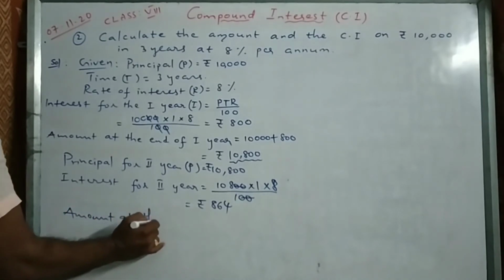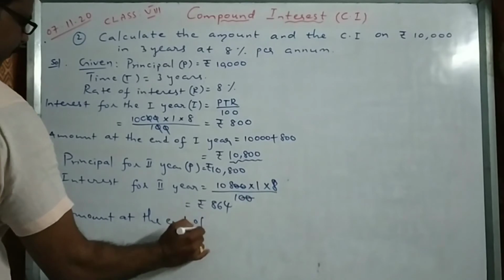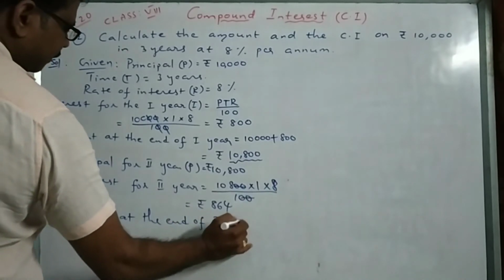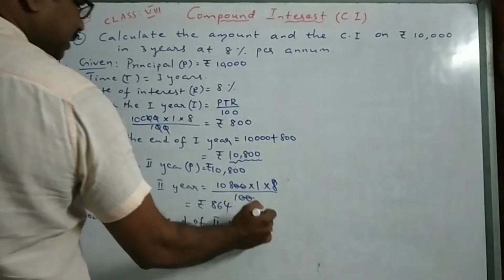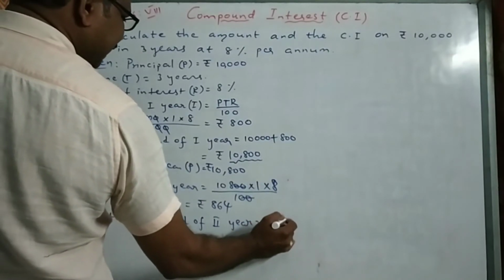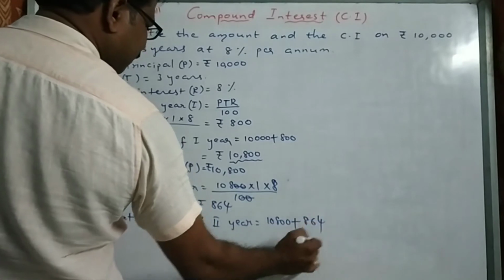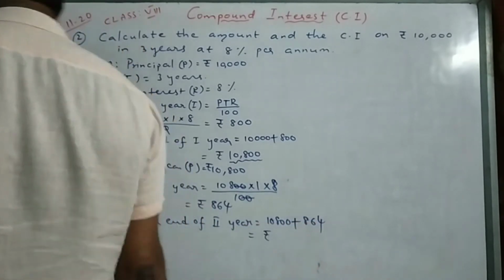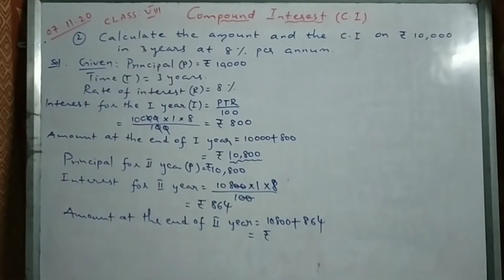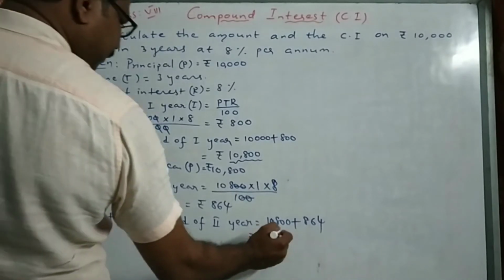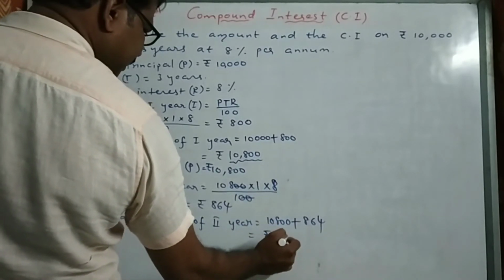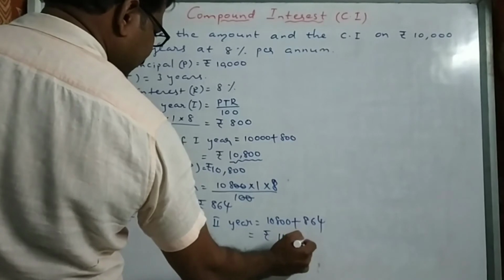Amount at the end of second year: 10,800 plus interest on that, 864. So this amount will be 11,664.